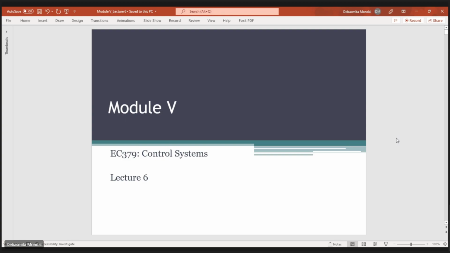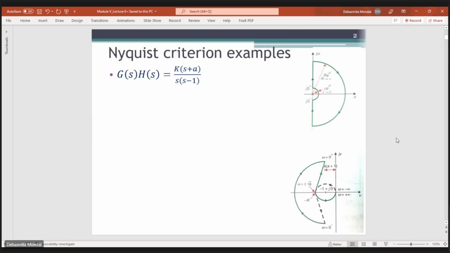Let's try to do a few more examples in today's class. So first of all, this is an open loop transfer function which is given to you. In general, we are considering that the value of H(s) is equal to 1. If I write G(s)H(s) as this, and this is the forward path transfer function, that means the value of H(s) is going to be equal to 1.